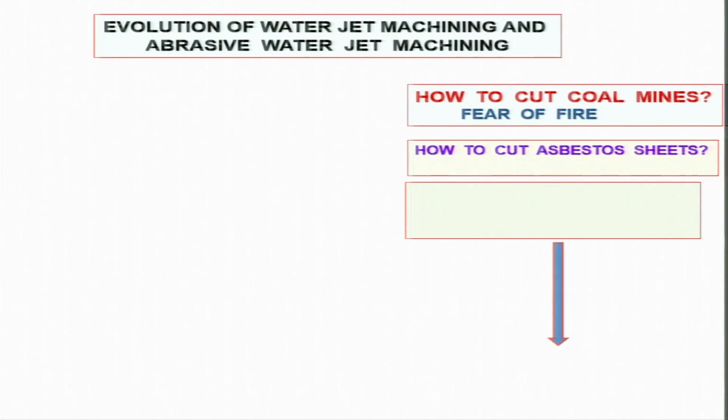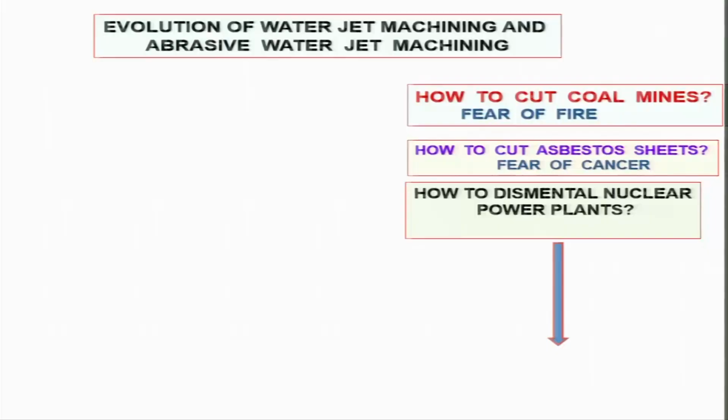How to cut asbestos sheets. It was found in USA, America, that those industries which were cutting asbestos sheets, some of their employees were having cancerous problems. So they started thinking how to cut these asbestos sheets without the fear of cancer. Then how to dismantle nuclear power plants.